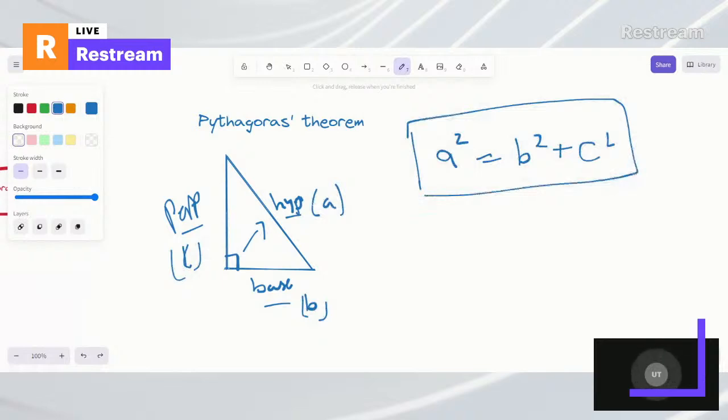Somebody answered that it was about calculating the longest side, but it doesn't necessarily have to be about calculating the longest side. It can be used to calculate either of the sides. Do you understand this?